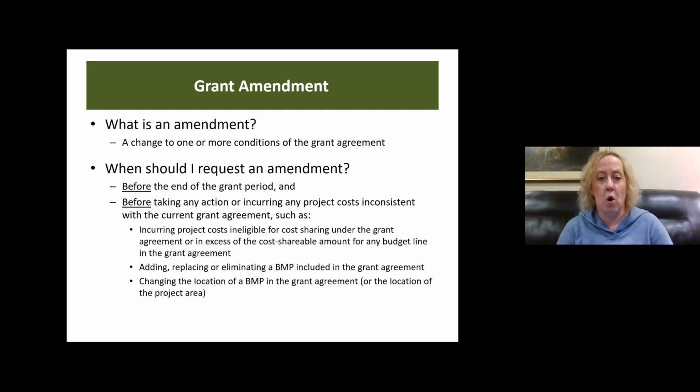If you've got a cost that is in excess of a particular budget line in your grant agreement, and you need to maybe move funding between budget lines, that's an example. Adding, replacing, or eliminating a BMP in your grant agreement is a reason to seek a grant amendment. And then changing the location of a BMP.